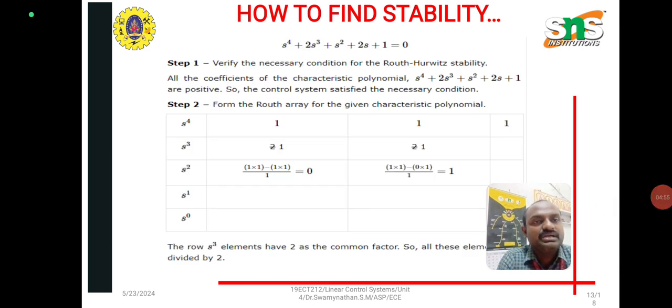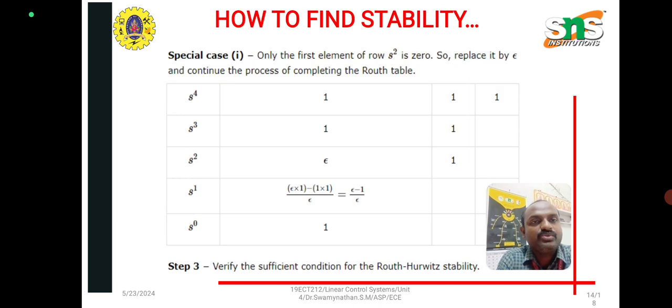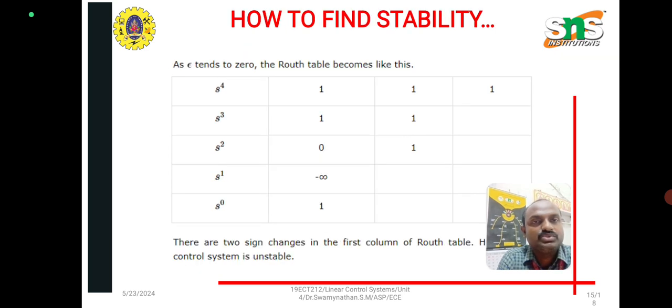And next, how to find stability in the special case. In this example, consider the s cube row, which can be commonly divided by 2 to give 1 1. If all the entries become 0, then we go to the special case condition. Take the first column and replace the 0 with epsilon in the s squared row, then continue to s power naught and verify the sufficient condition for the Routh table.